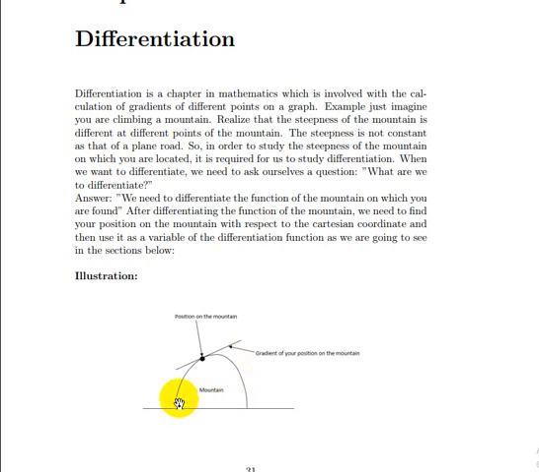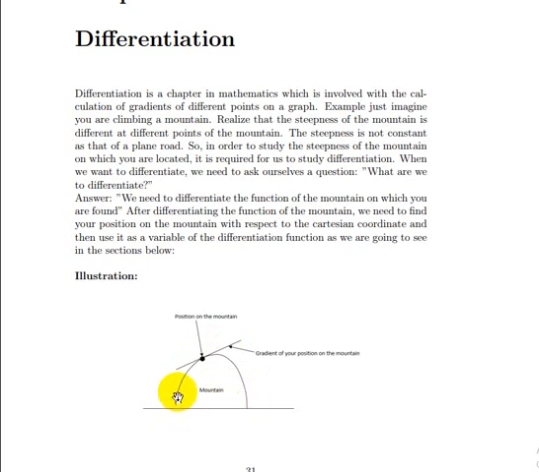Now, if you want to calculate the degree of steepness at any point of the mountain, you need the chapter differentiation. What do you need to do in order to know the degree of steepness at each point of the mountain? The first thing you need is the function of the mountain. This function resembles a quadratic equation with a less than 0.